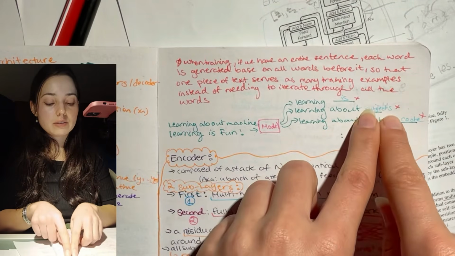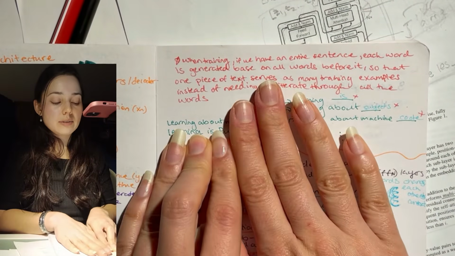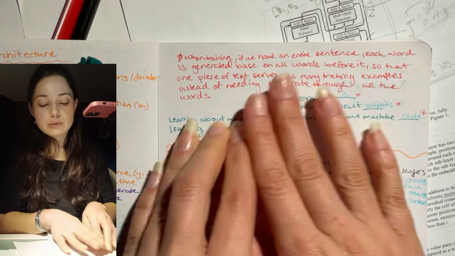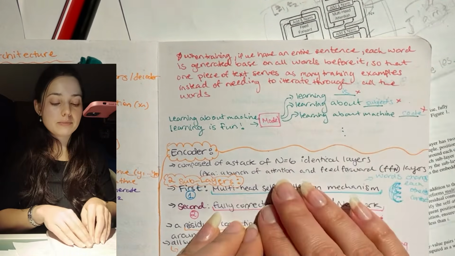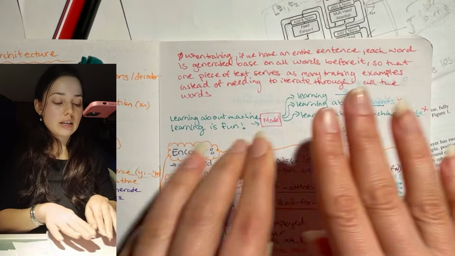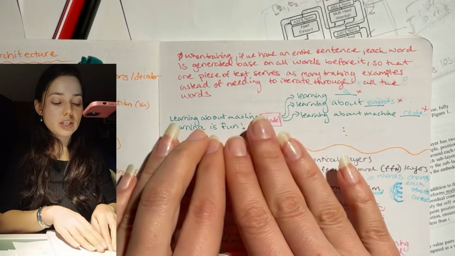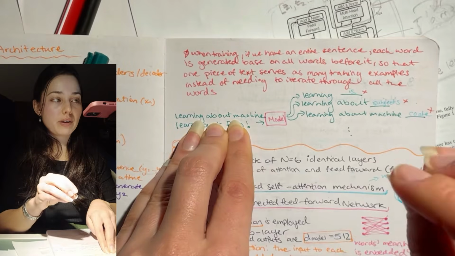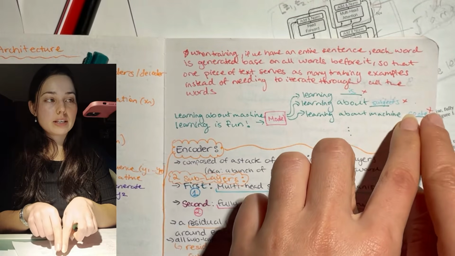For the second word, it allows it to see learning about. That's all it gets to see, and then it predicts the next word. So it guessed subjects. For the third word, it's allowed to see learning about machine, and then everything else after is covered. It's masked away from the model, and then it predicts that word.